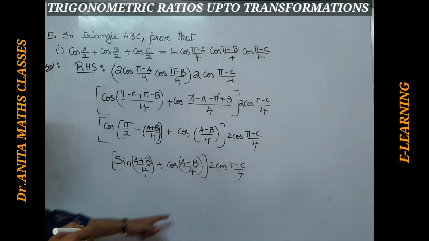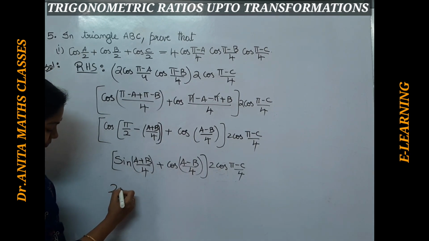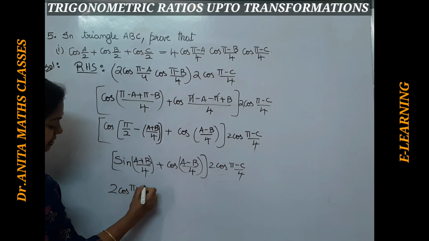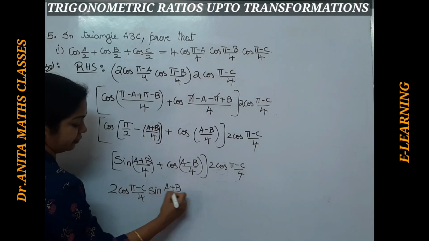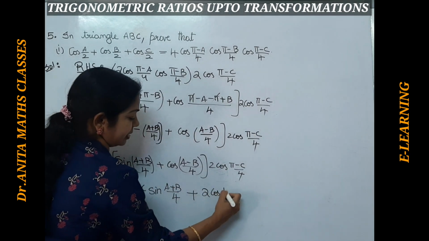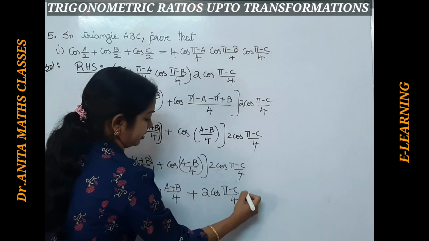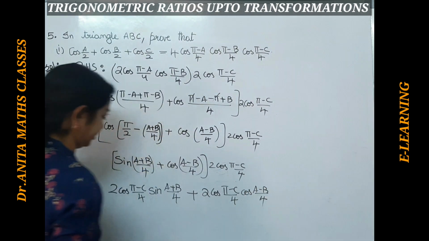Now, we will multiply this. So this becomes 2 cos (π−C)/4 sin (A+B)/4, and again this also will multiply 2 cos (π−C)/4 cos (A−B)/4 here.